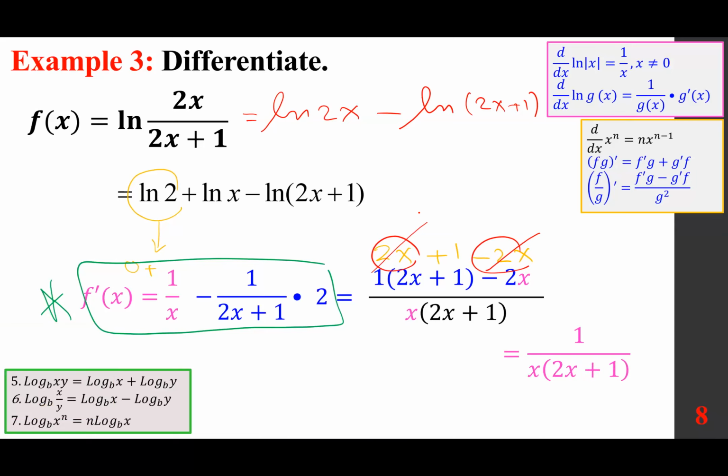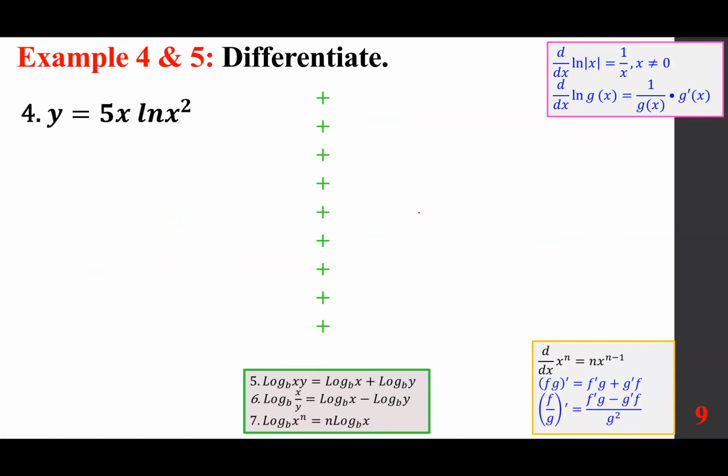You're going to move on. All right, I want to differentiate this, and I can do the product rule by noticing that this is 5x times ln x squared, and that works perfectly, still not too bad.